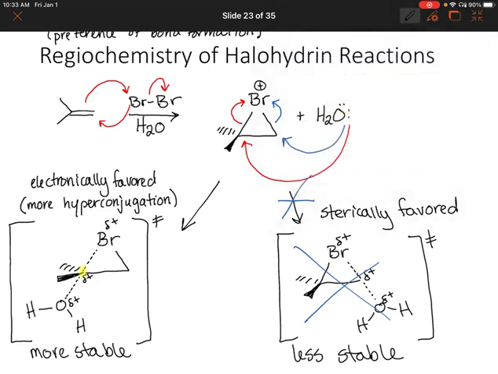And instead, we'll see our final product where the OH, the alcohol group, has bonded to the side that is more substituted. And then the bromine, the halogen, is bonded to the side that is less substituted.